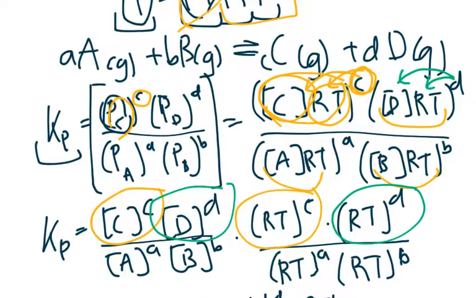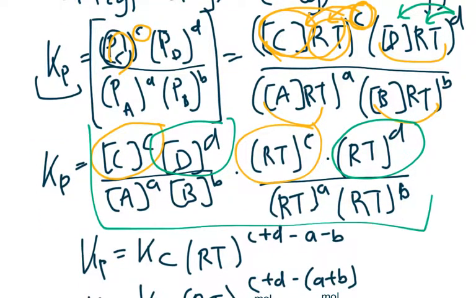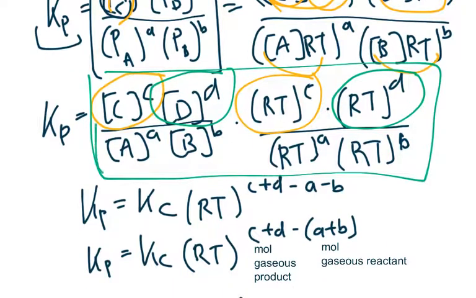And you do that two more times to get this entire expression. Notice how this, the thing I'm boxing, is actually Kc, because Kc is everything in terms of concentration, which is what we have here. So Kp is equal to Kc times RT.